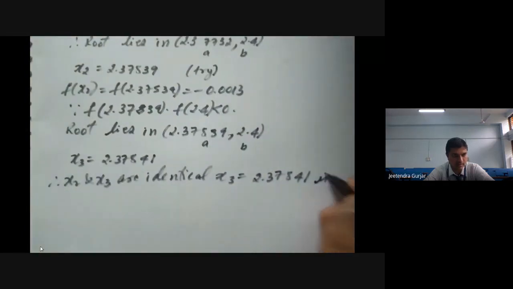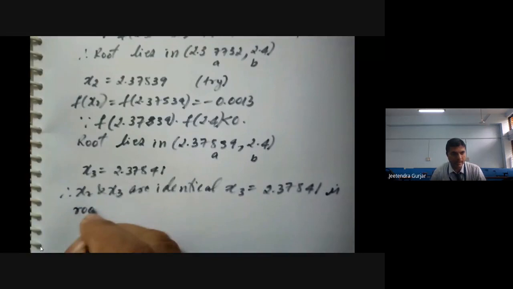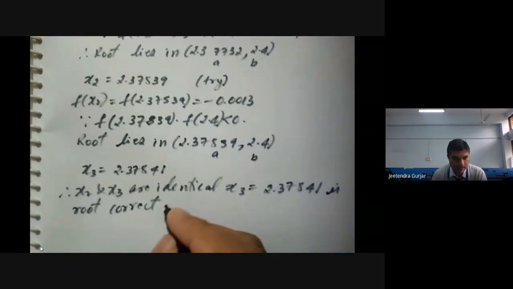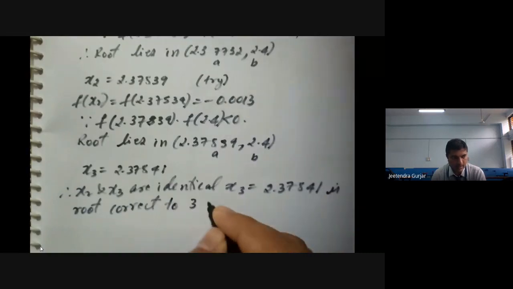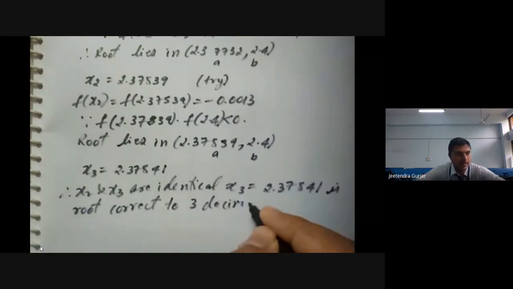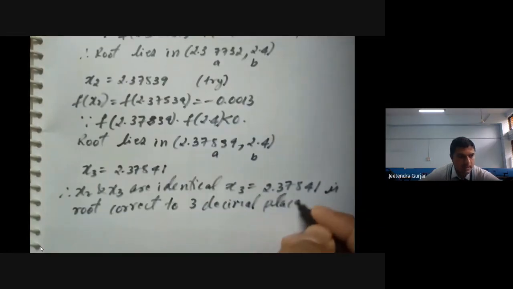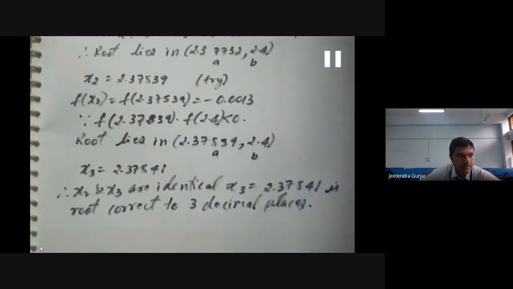Why do we take this? If you take 5 values, at least 3 values will be correct. That is the logic. Okay, so correct to 3 decimal places. Now you can compare x2 and x3. You can see that there are 3 values which are the same.